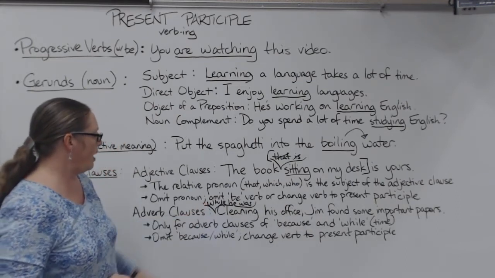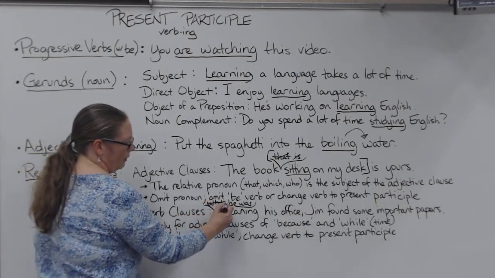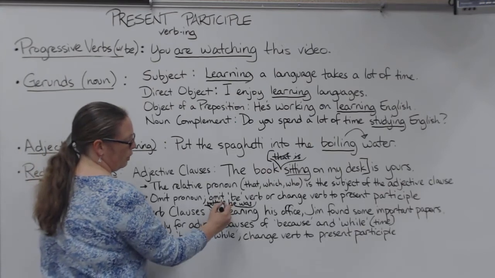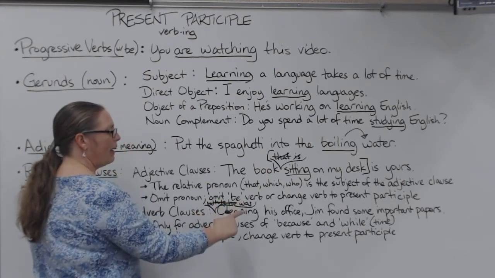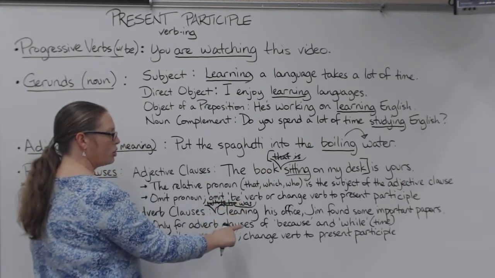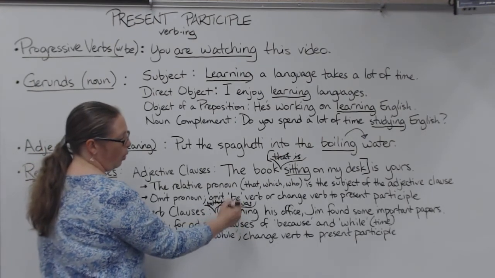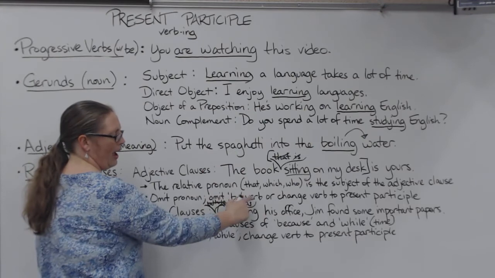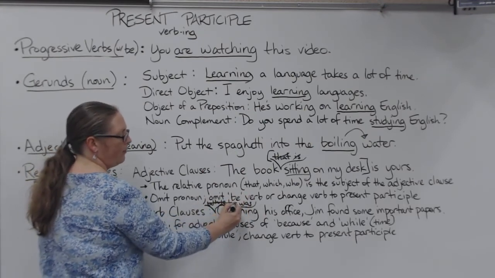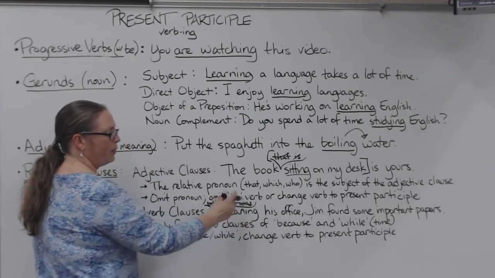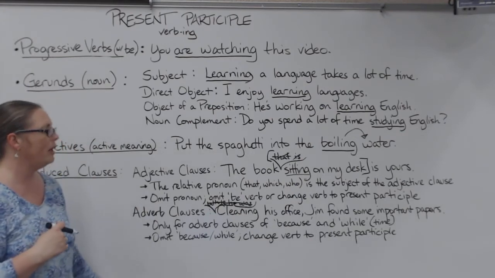So then you omit the because or the while, and you also omit the subject, and you change the verb to the present participle, or it's the same as you had up here. If it's already a present participle, you just omit the be verb.